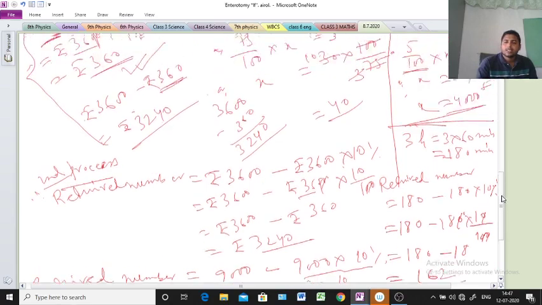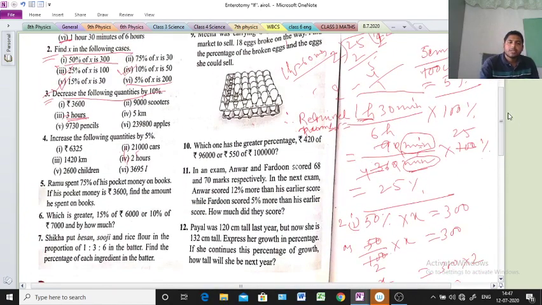Another problem is also the same process, just the data are different. 5 kilometer means at first we convert into meter. 5 kilometer means 5000 meter. After that we do the 10% decrease. Clear or not? See, I am doing it, check it once.